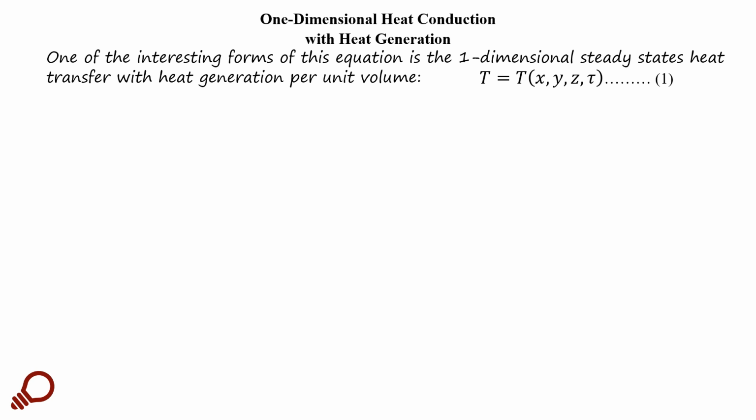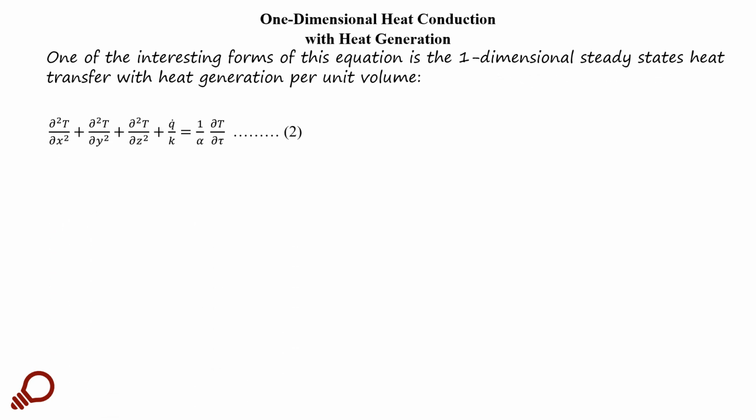This form of equation has many applications in industry, or we may minimize the effect of other dimensions, so we will consider the heat process to occur in one direction. The general form has been presented by equation number 2.